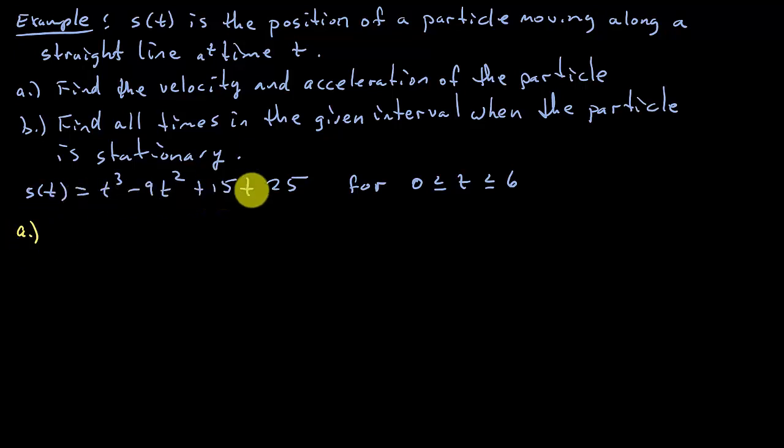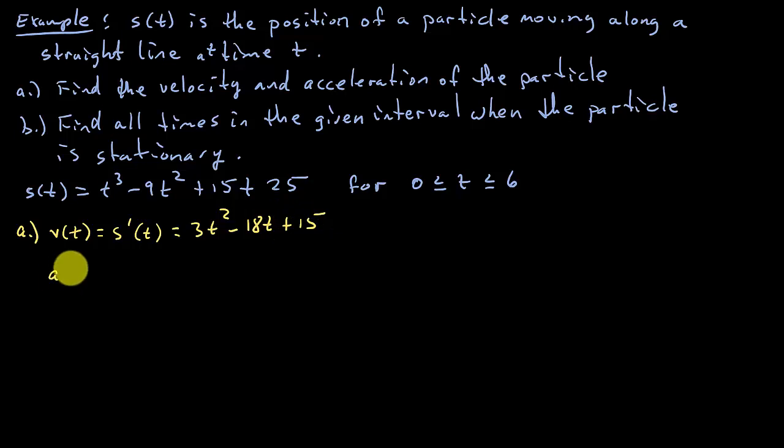All right, so let's look at part A. So I've got S of t is this function here. So they want us to find the velocity and the acceleration. So remember, the velocity is the derivative of the position function. So the derivative is 3t squared minus 18t plus 15.